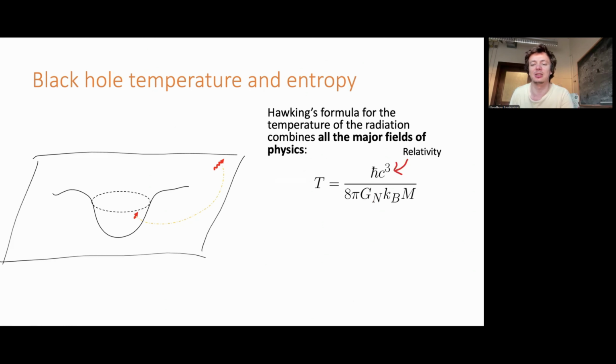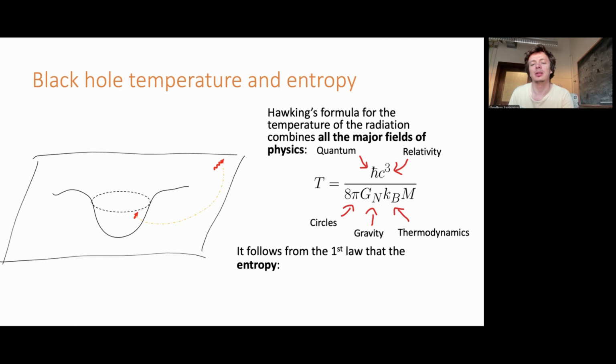So there's a speed of light here, so this is obviously a relativistic effect. There's a Newton's constant, so gravitational physics is getting involved. There's an h-bar, so it's quantum mechanical. There's a Boltzmann's constant, so thermodynamics is getting involved. And of course, there's a pi, so circles are getting involved as well.